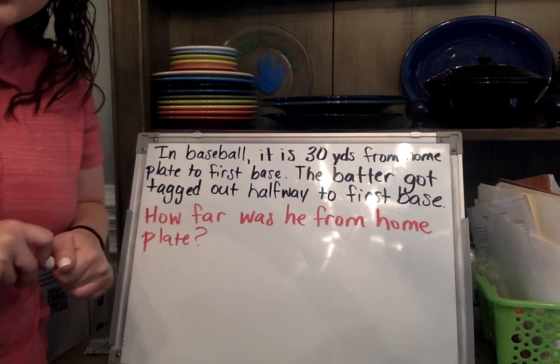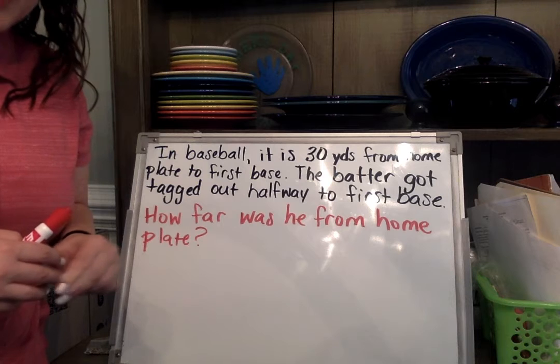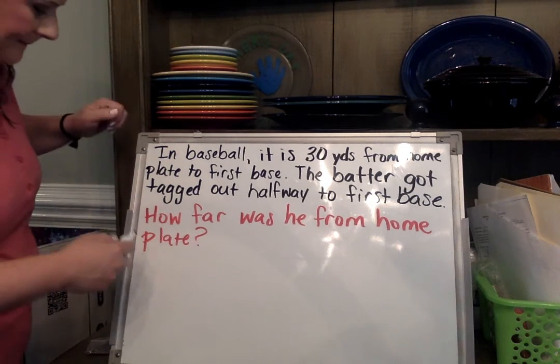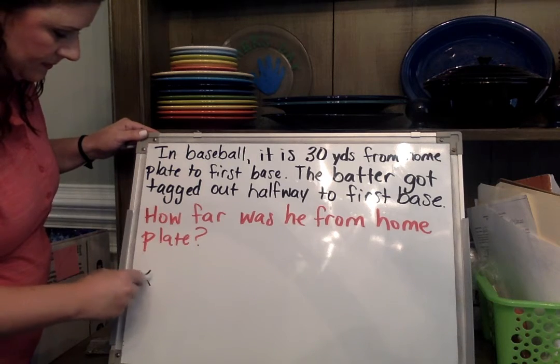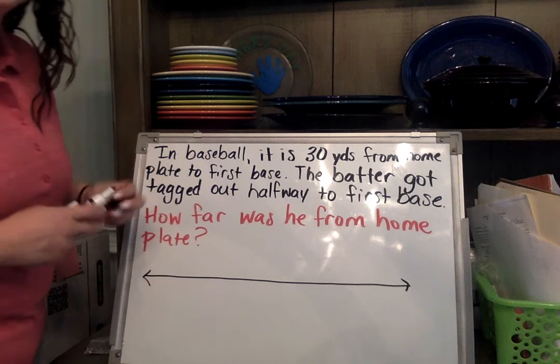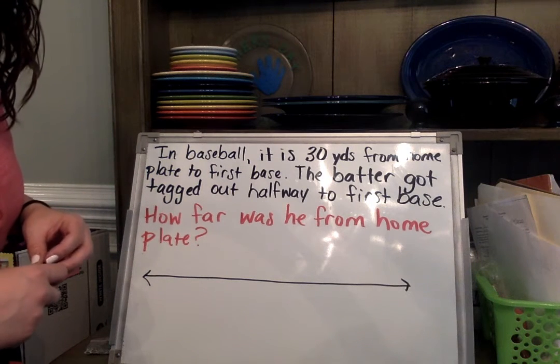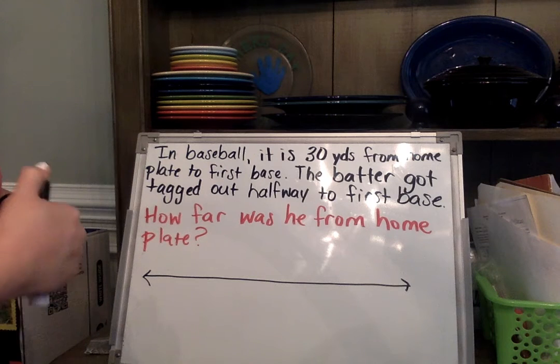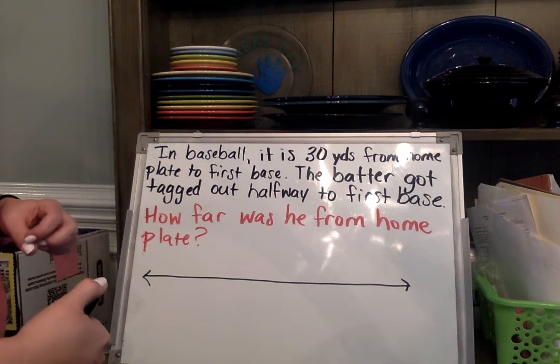I want you to draw a number line, and I'm going to go ahead and draw a number line for you. And you're going to draw one too. I want you to draw your number line and show me the point where he got tagged out.